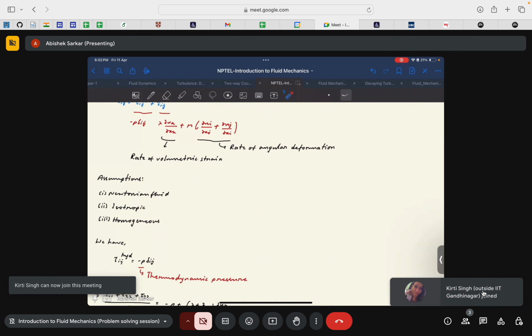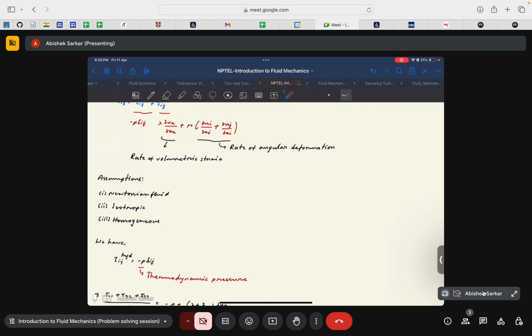Till now we have made some assumptions. The fluid is Newtonian, which is why we are applying Newton's law of viscosity. Then the fluid is isotropic and homogeneous, which we used to simplify the fourth order tensor relating the shear stress tensor with the shear strain rate tensor.